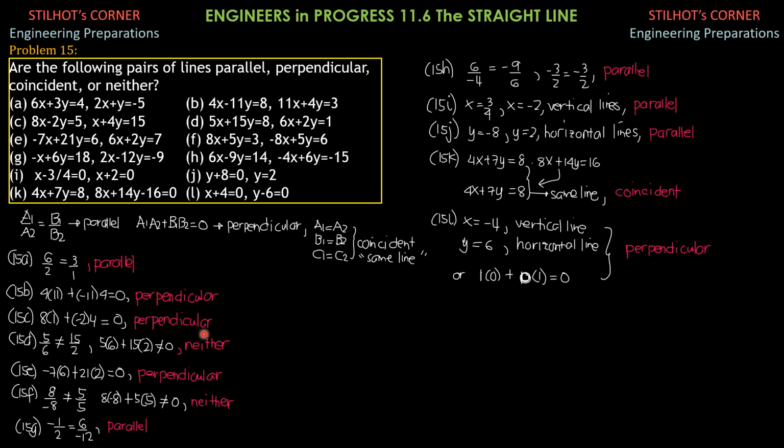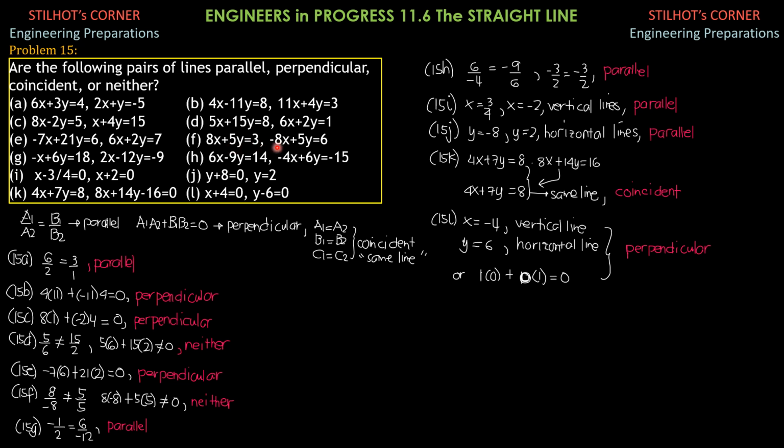For 15D, same signs for the coefficients, so let's try the ratio. 5 over 6 is not equal to 15 over 2, and the sum is also not equal to 0, so these lines are neither parallel nor perpendicular. 15E, negative 7 times 6 plus 21 times 2 is 0, therefore they are perpendicular.